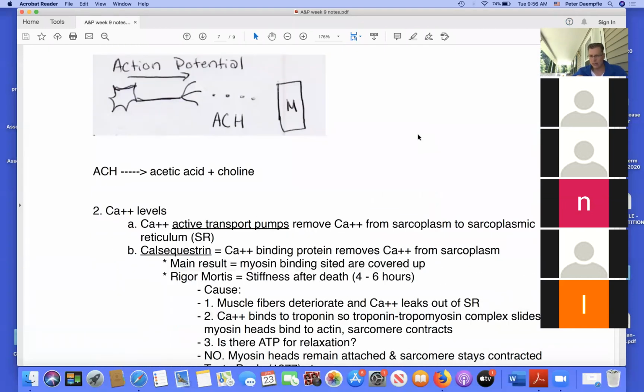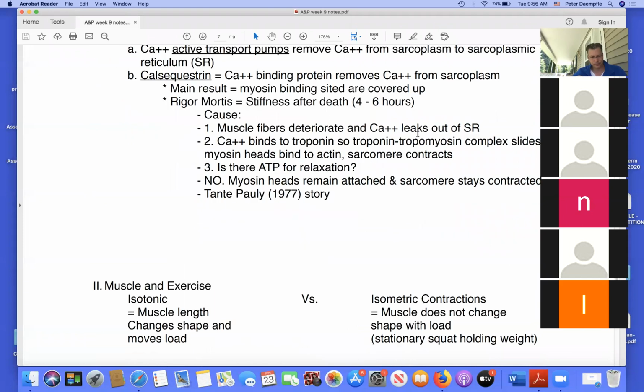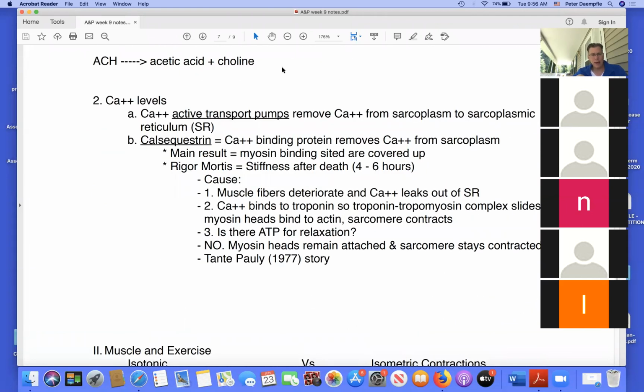We've discussed that calcium has to be removed in order to relax the muscles. One thing that happens during rigor mortis, which is the stiffening of your muscles after you die, about 4 to 6 hours later, is that your tissues get stiffened.